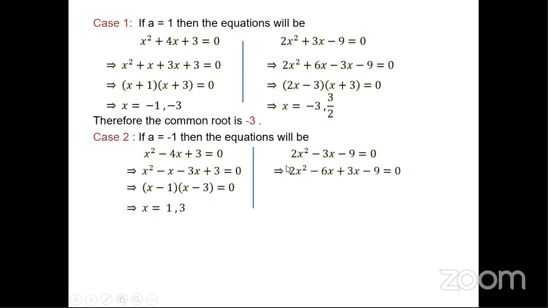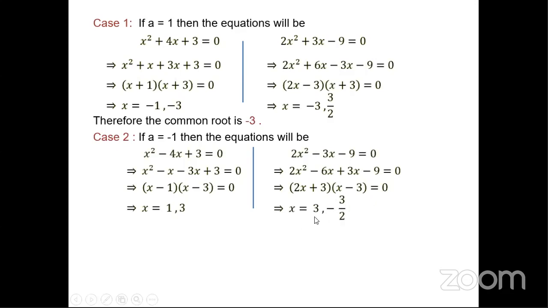Let us take the second equation. This minus 3x which is there, I take it as minus 6x plus 3x. Right. So from the first two terms, I can take 2x common. From the last two terms, I can take 3 common. Then the factors you are getting will be 2x plus 3 into x minus 3 is equal to 0.